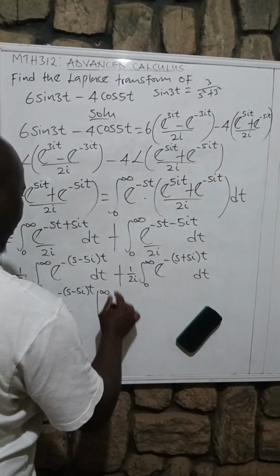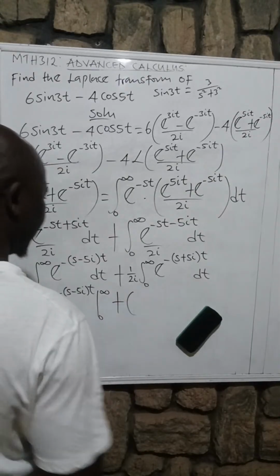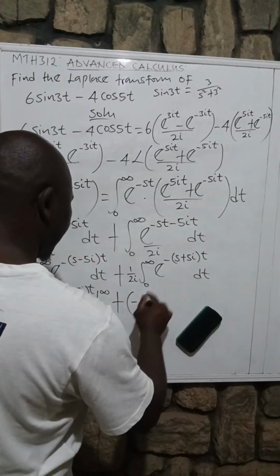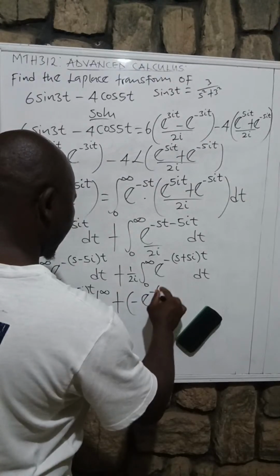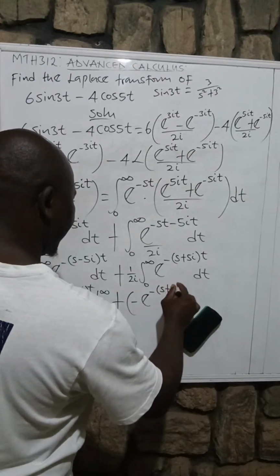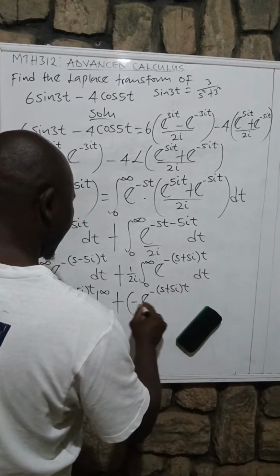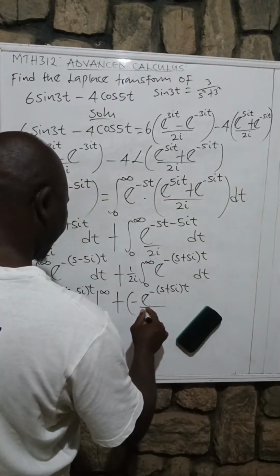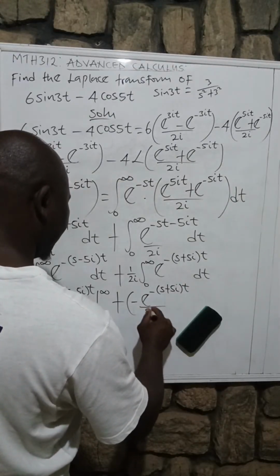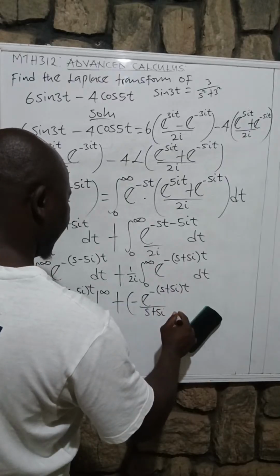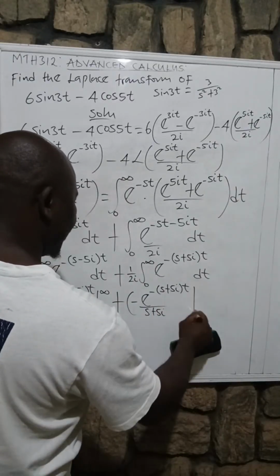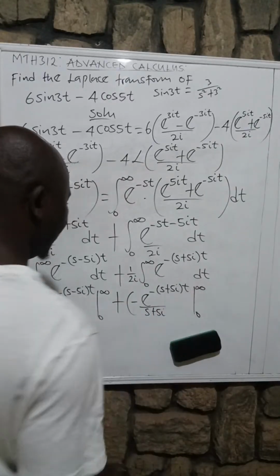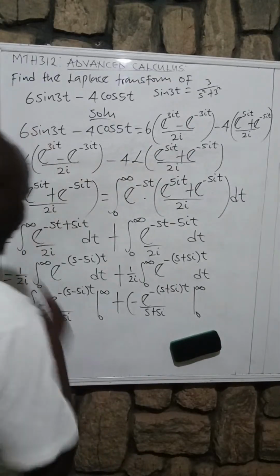Then plus open bracket minus exponential minus open bracket s plus 5i, t all over s plus 5i, at 0 to infinity, right?